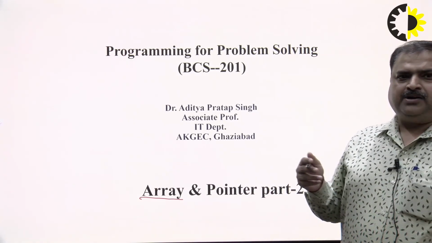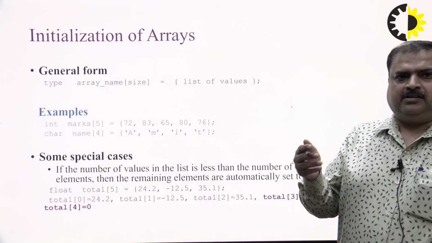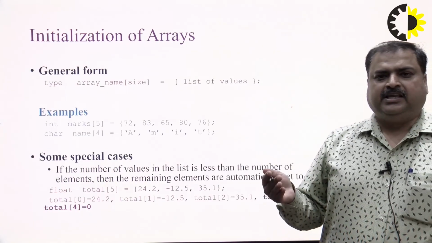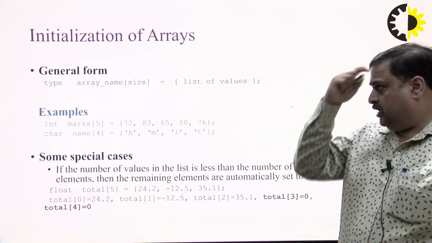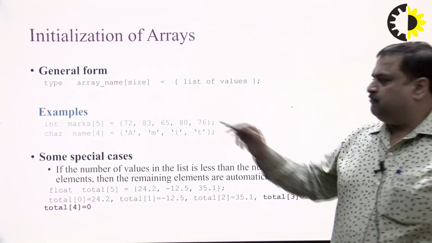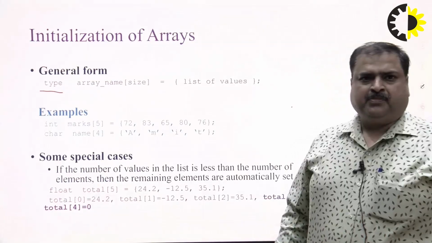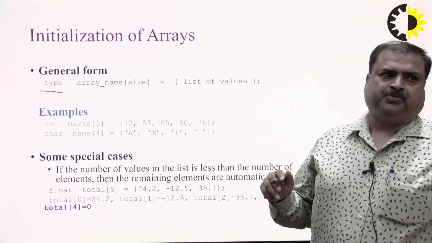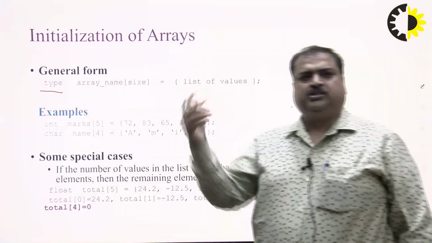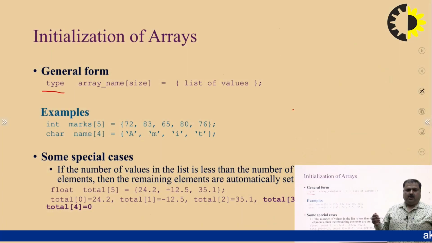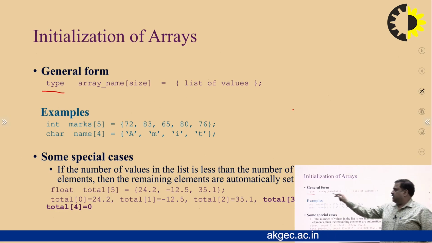Today in part 2 we will start from the beginning of how to implement those arrays in the C programming language. So this is the syntax for declaring and initializing an array. First we have the storage class. If we are not giving a storage class, then by default it will be auto. So storage class is optional. Then the type, then the name of the array.